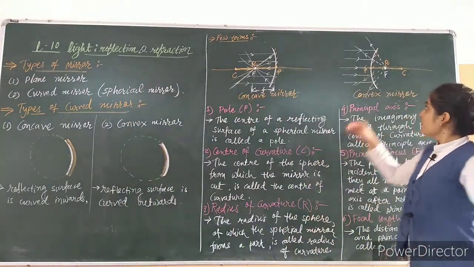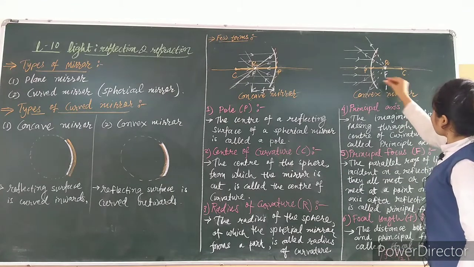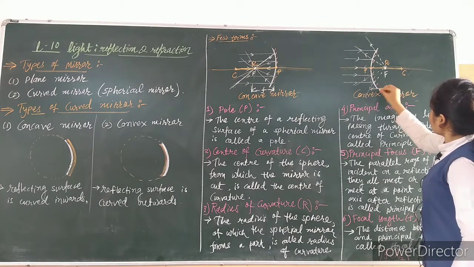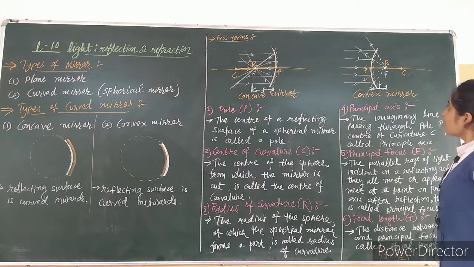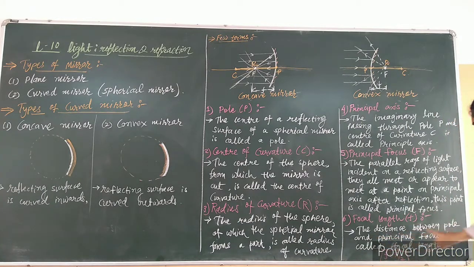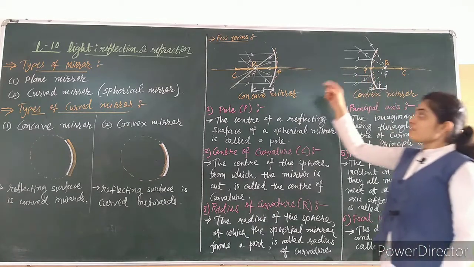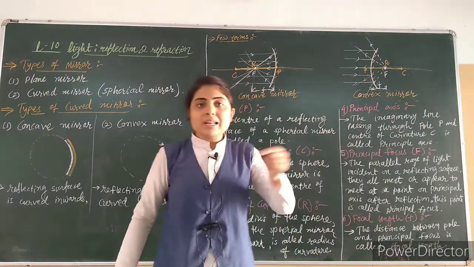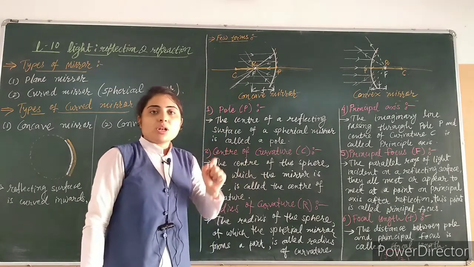Similarly, for a convex mirror also, the distance between the principal focus and pole is called the focal length, which is denoted by small f.